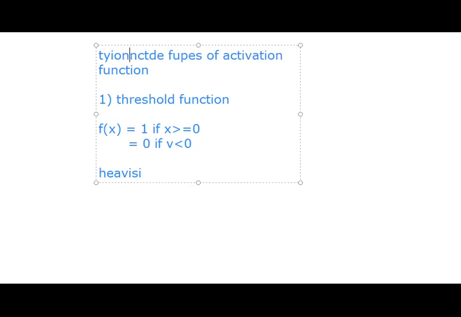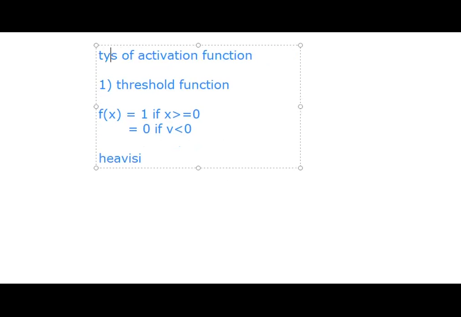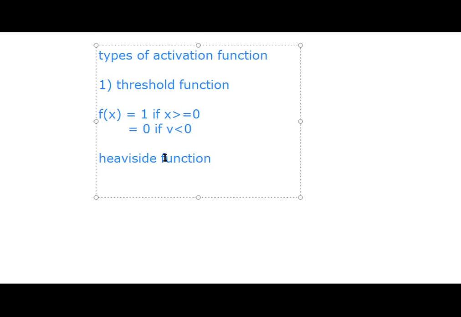The corresponding output can be expressed as y equal to 1 if the activity v is greater than or equal to 0.